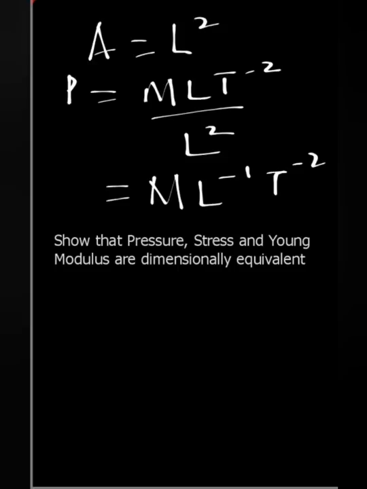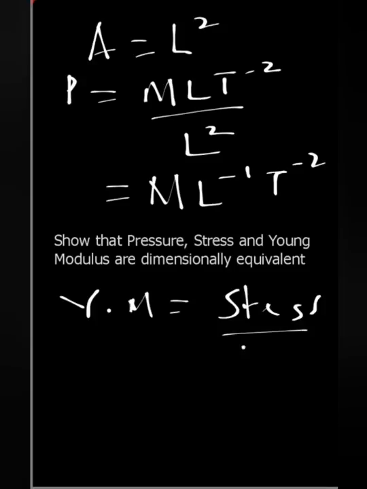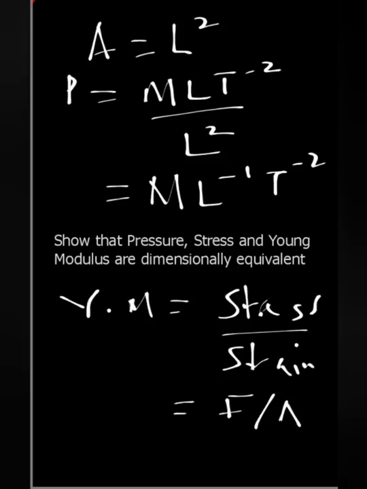So that for Young modulus we shall have, let's depict it as Ym equals stress over strain. Okay, so that stress we know is given as F over A, and strain is given as extension over length.